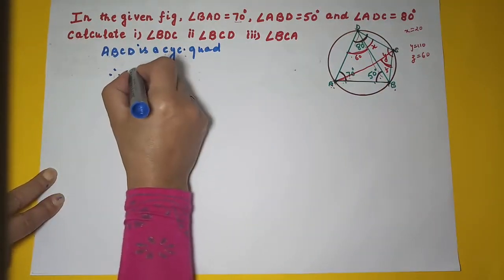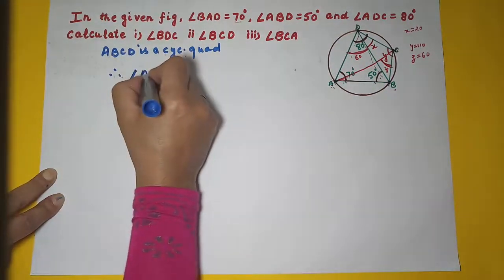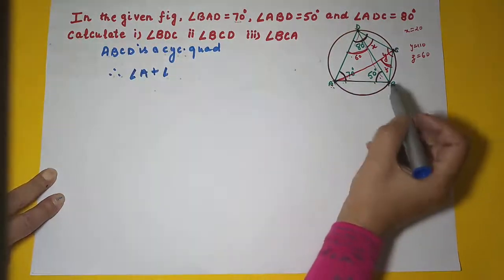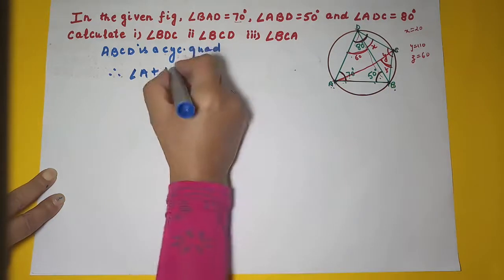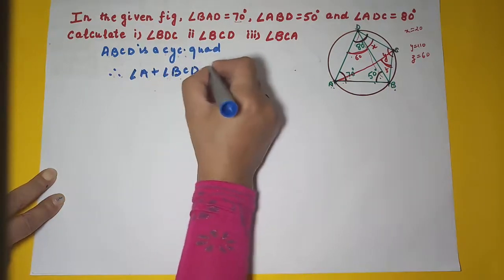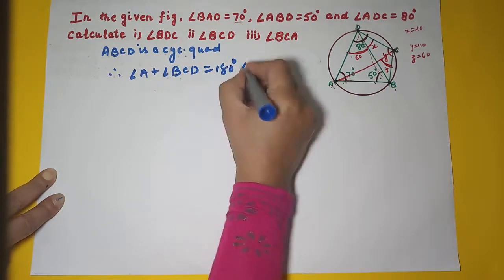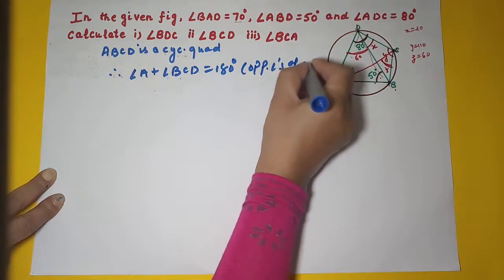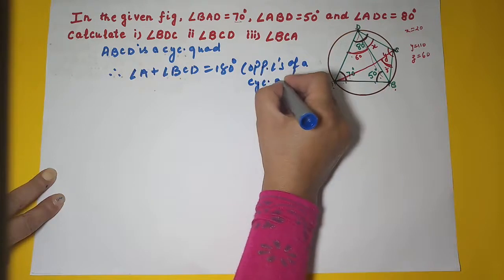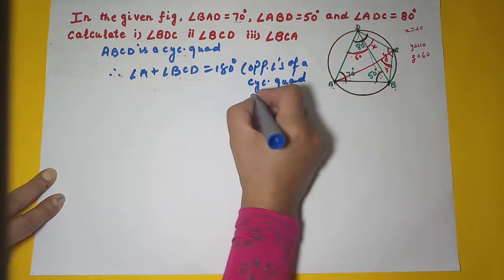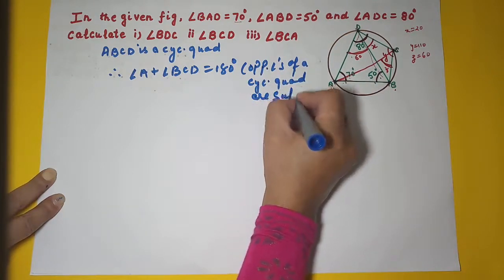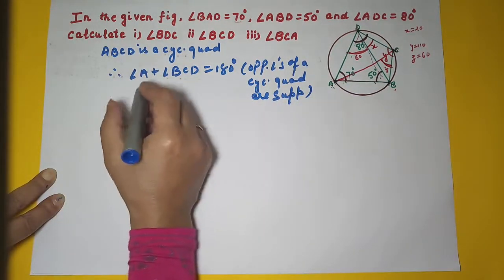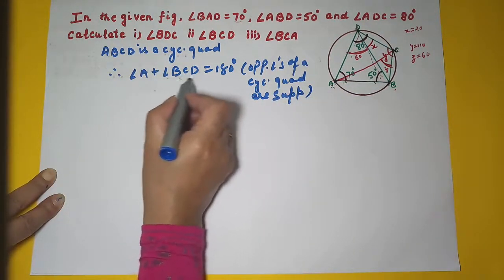Therefore, angle A plus angle BCD is equal to 180. You know the reason. Opposite angles of a cyclic quadrilateral are supplementary. This is done.